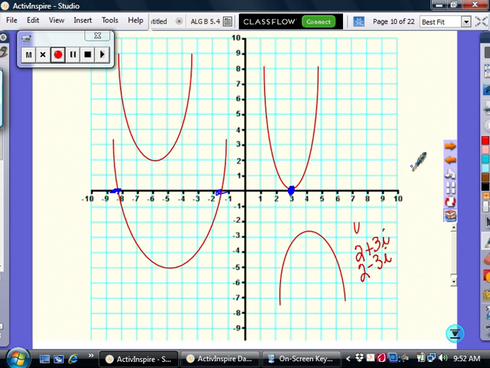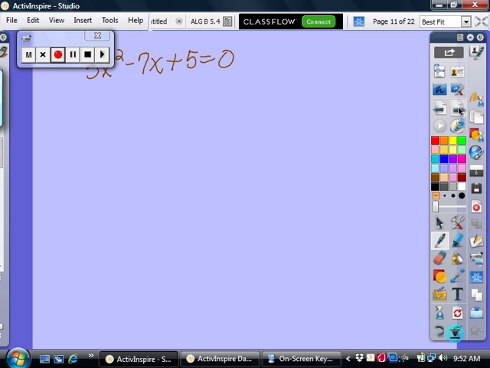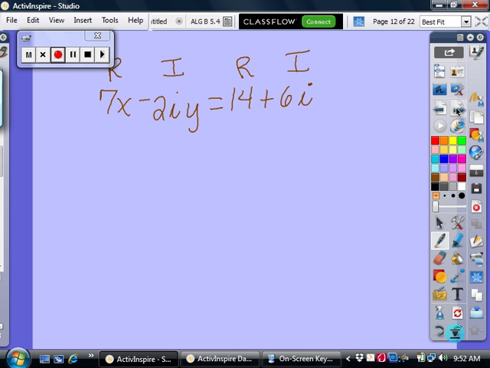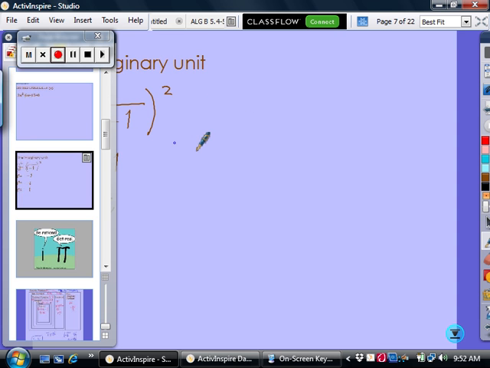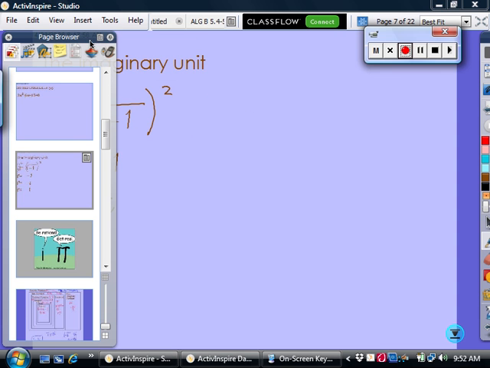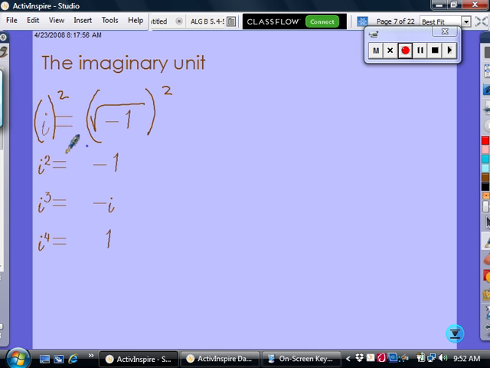So we had to have something to be able to give us an idea of the solutions, and so somebody came up with the complex number system, which I think we talked about here, where i is equal to the square root of negative 1. And then there's a pattern that forms: i squared would be negative 1, i to the third is negative i, and i to the fourth is 1.